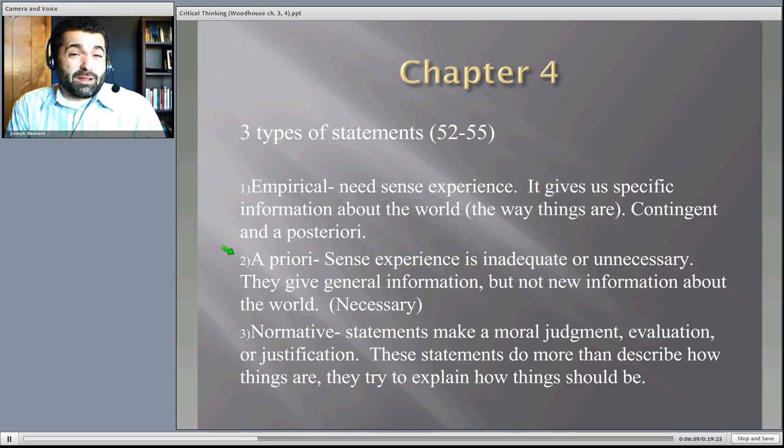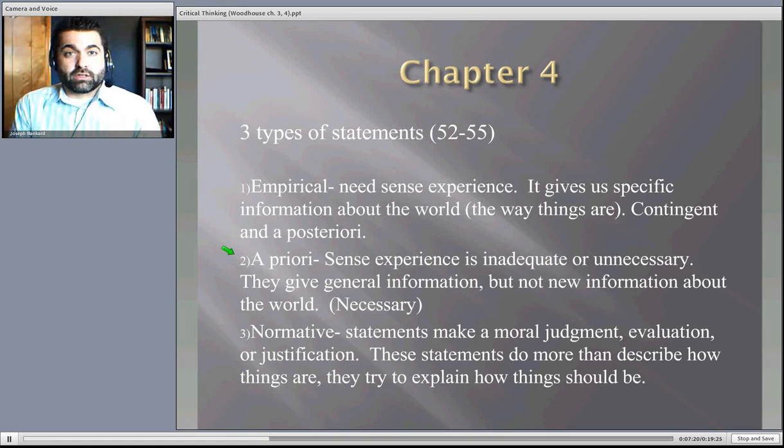Sometimes they even take the form of universal definitions or claims, not specific, your car is parked in a handicapped spot, but it might be something like all triangles have 3 sides, right? All triangles have 3 sides, 3 angles that equal 180 and whatnot. Those are a priori claims, general, right, to all triangles.